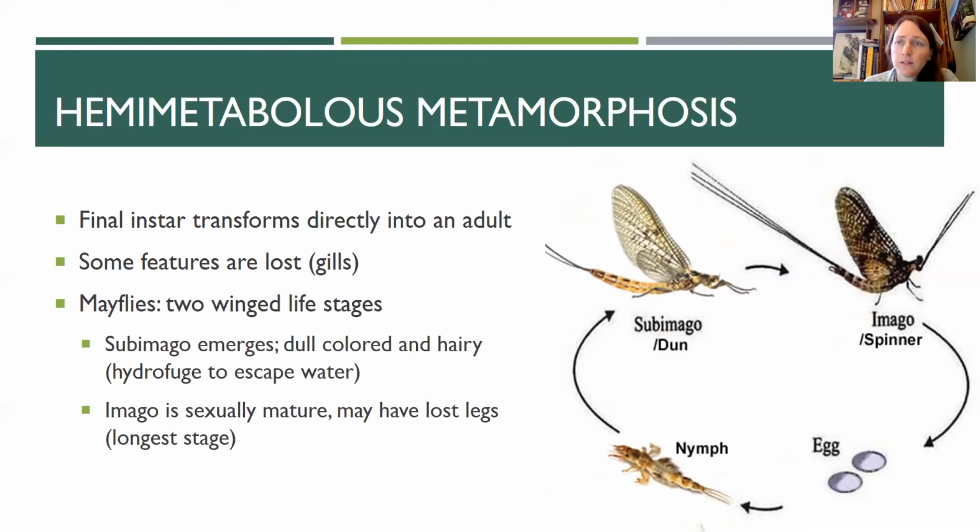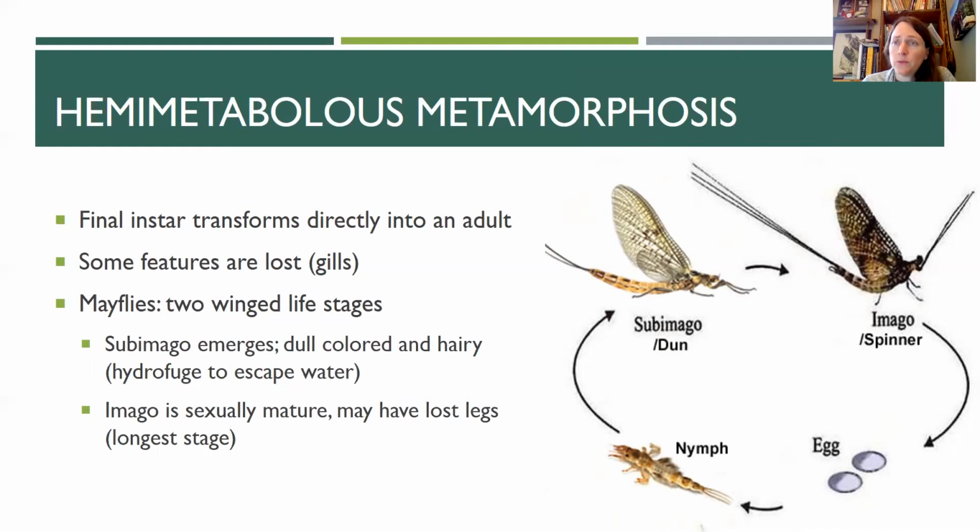The first is called the subimago, or the dun. And when it emerges, it's a little bit dull colored. It's very hairy, and that's to escape the water. So it has to emerge underwater. And so the subimago is hydrofuge, and so it resists getting wet, and that allows it to break through the surface of the water. And then it goes through a second stage.